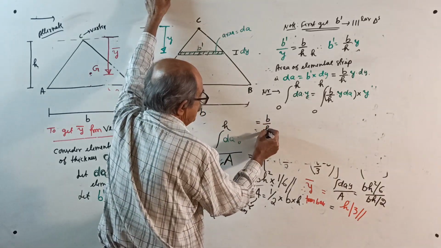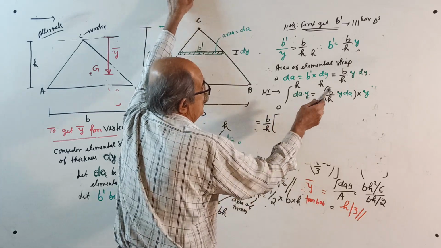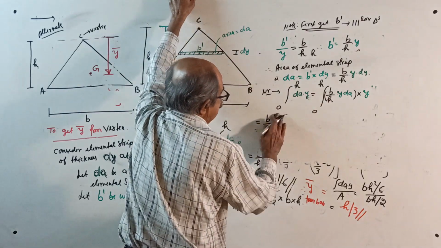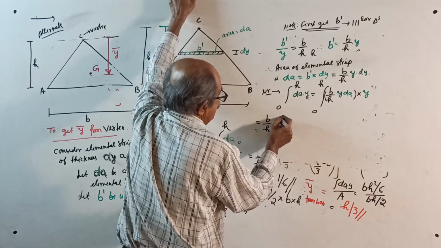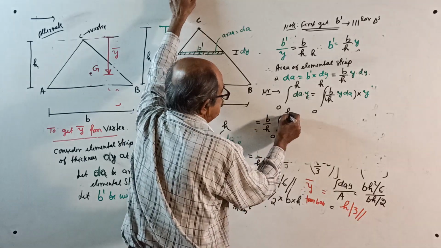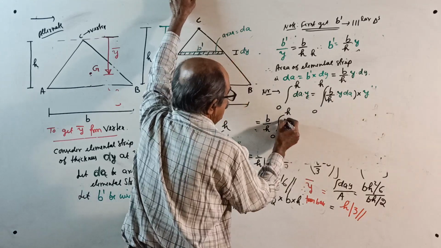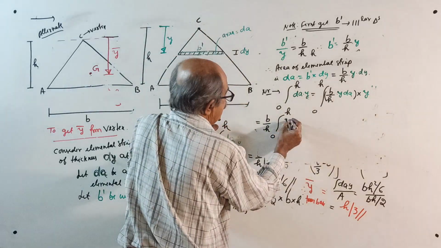B by h is common outside, so integration from 0 to h of y into y is y square dy.